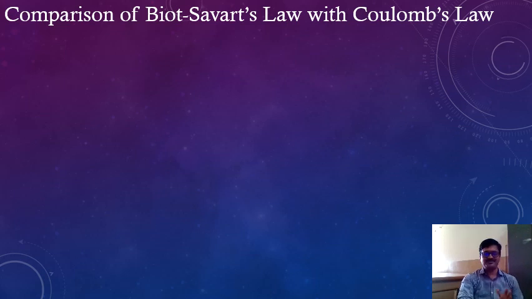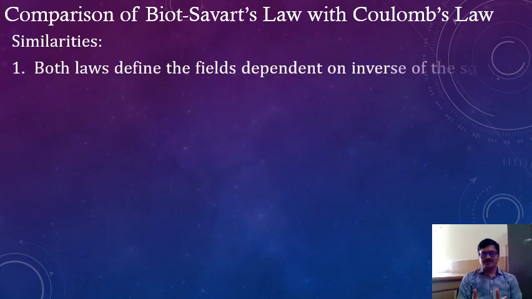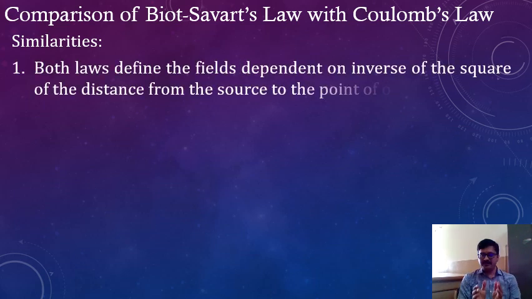If we take a look at the similarities, my dear friends, you can notice here that both the laws define the fields dependent on the inverse of the square of the distance from the source to the point of observation. That point of observation, I had told you in my second session, I called it the reference point.